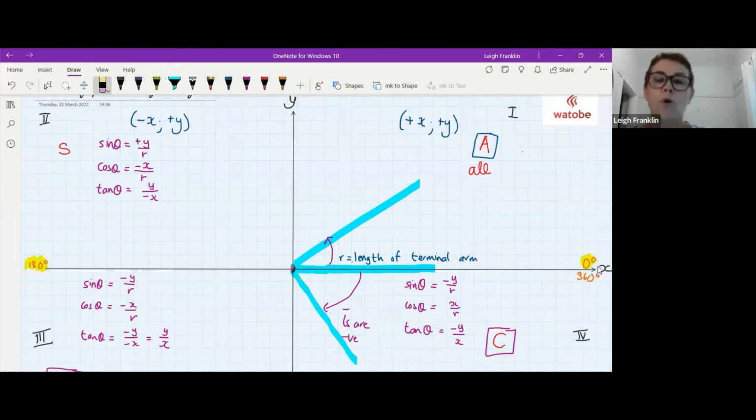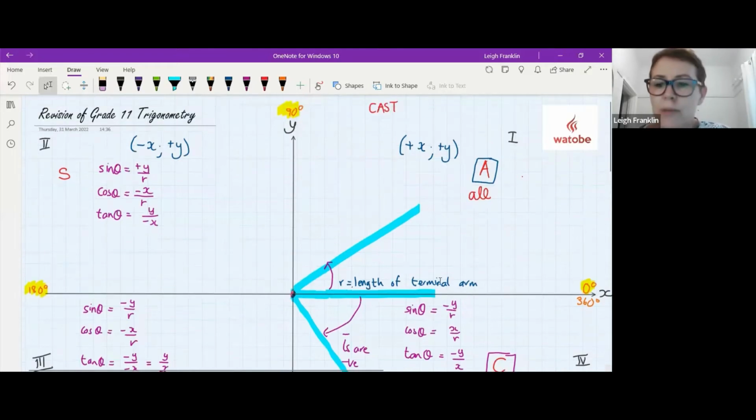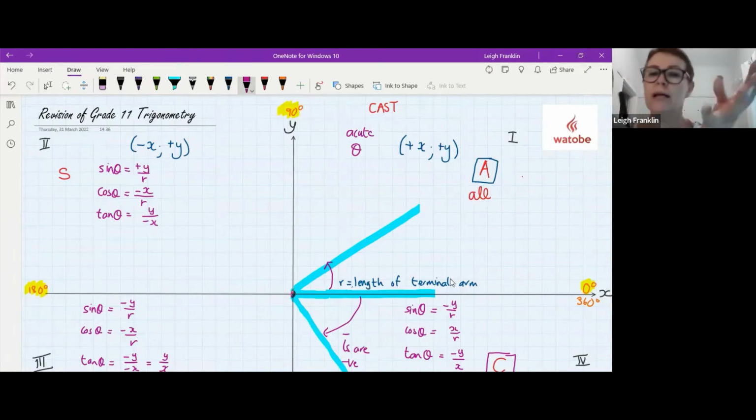All right, so when we are in quadrant number 1, this is where angles are acute. All angles that are acute are seen as being smaller than 90 degrees, right? So when we talk about theta specifically, we're talking about an acute angle, so we don't need to reduce, because the whole idea behind reduction formulae, the word reduction, means to make something smaller.